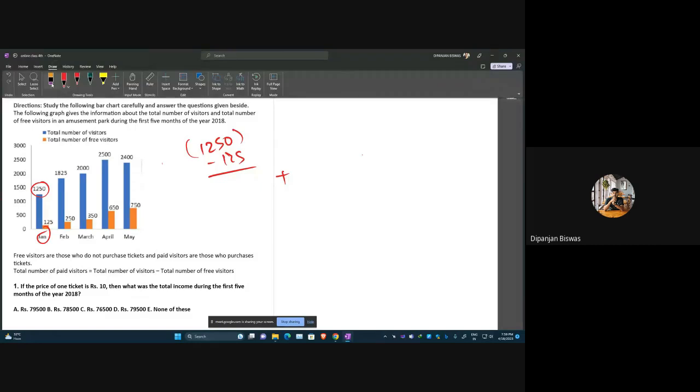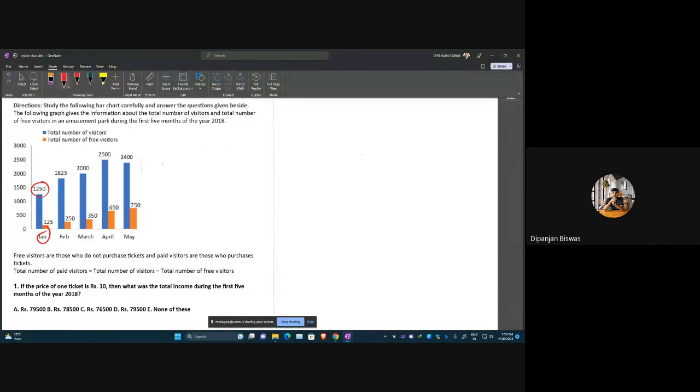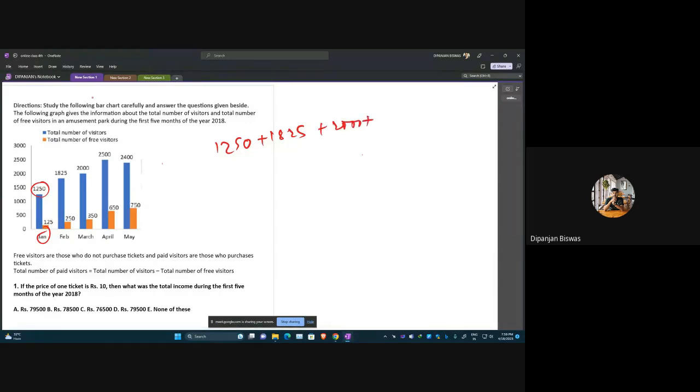For instance, first add all the visitors. First, you have to do the addition of all the visitors. Then add all the free visitors. Then subtract this from the result. That way it should be easier to calculate.